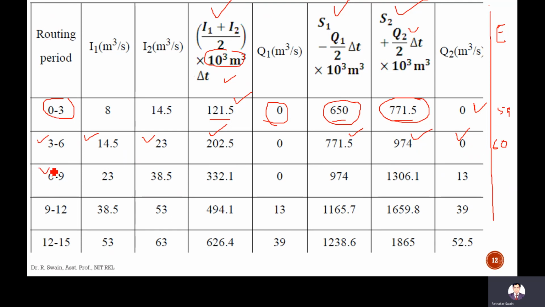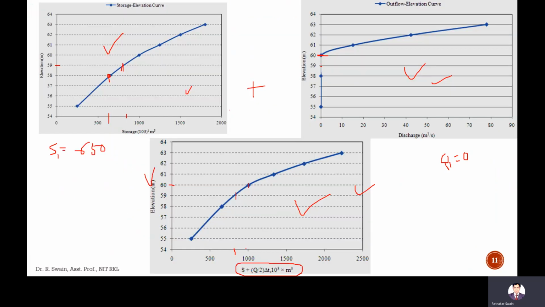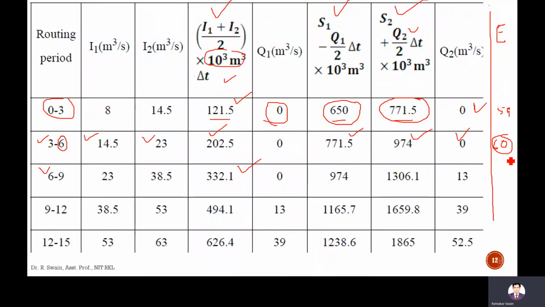So for the next time step, we should start from the elevation of the previous time step, because for 6 to 9, at 6 inflow, 60 is the elevation, so you should start from that 60 elevation. So for 60 elevation, the 6 to 9 inflows you can obtain from this curve, and corresponding to 60, the Q1 was 0 and S1 is 974.